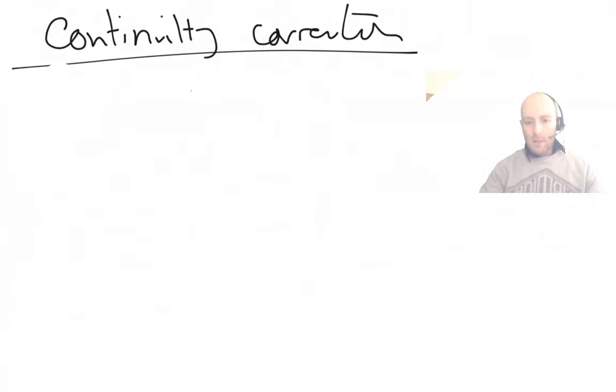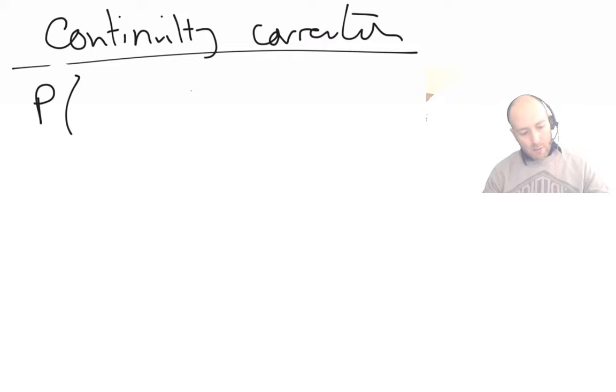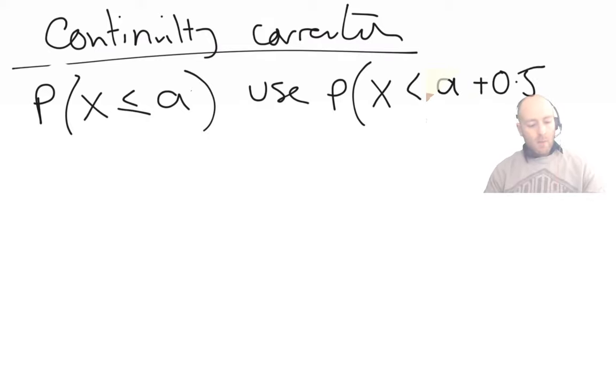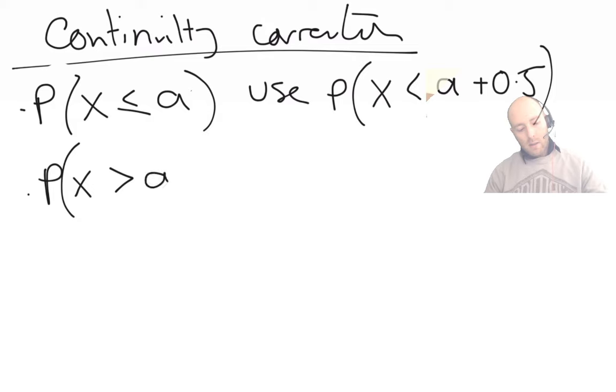So just to summarize this then, if you've got probability x is less than or equal to a, you need to use probability x is less than a plus 0.5. The probability x is more than a, use probability x is more than a minus 0.5.